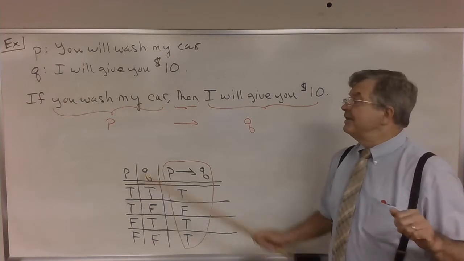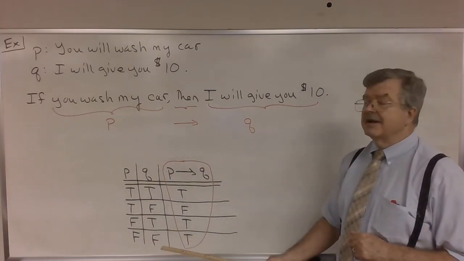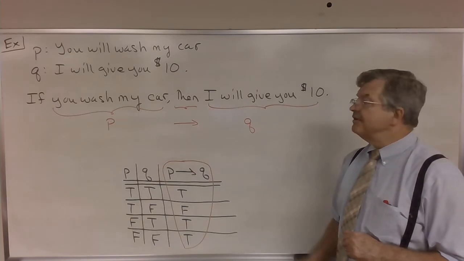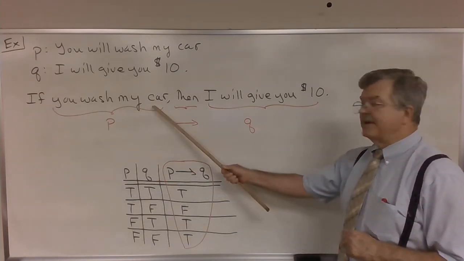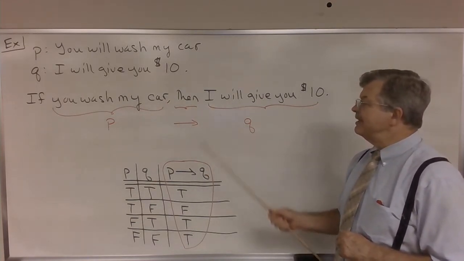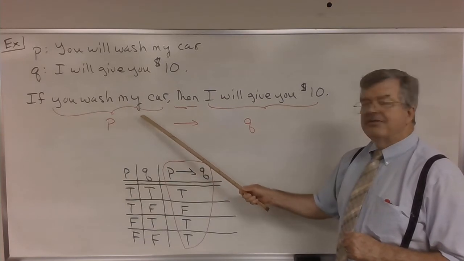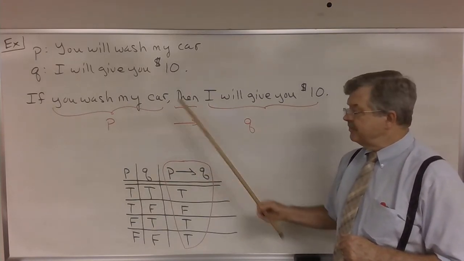I never said that if you didn't wash my car, I wouldn't give you $10, did I? Did I say that? No, I just said what I would do if you did wash my car. I said if you did wash my car, then I will give you $10.